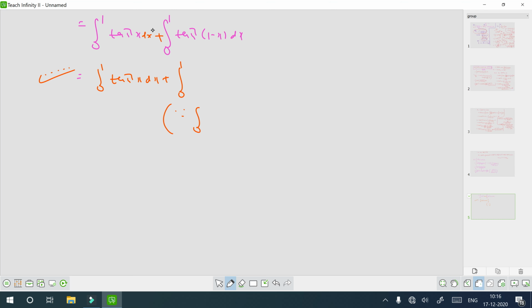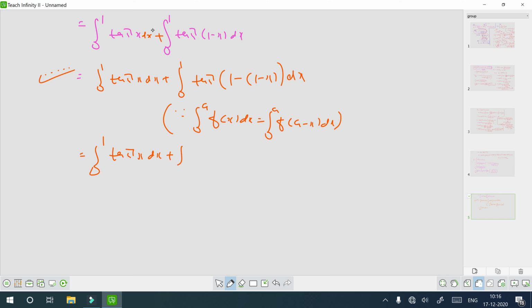Which one? 0 to a f of x dx is equal to 0 to a f of a minus x dx. Apply that one to tan inverse 1 minus x into dx. Now that is equal to 0 to 1 tan inverse x dx plus 0 to 1, and what happens here? Here also tan inverse x dx. See, this is the beauty of this result. That is equal to 2 times 0 to 1 tan inverse x dx.